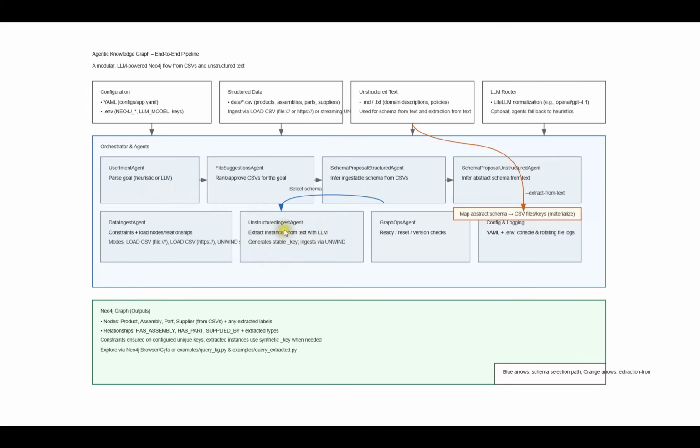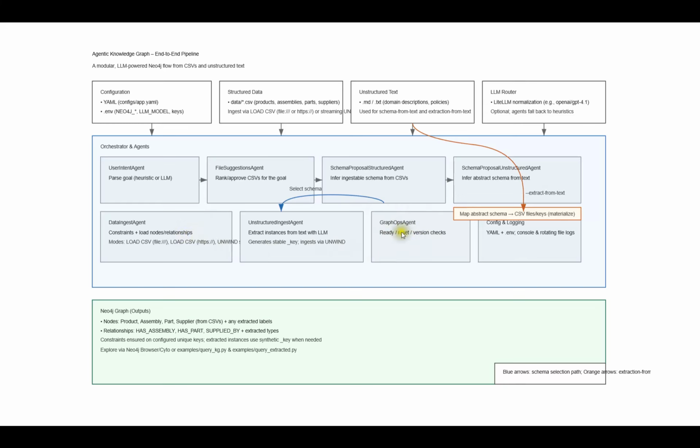The unstructured ingest agent is essentially extracting the schema and the data from unstructured data. And the data ingest agent is purely deterministic. It's simply loading the data according to the schema inferred by one of the previous agents, either deterministic or not deterministic, and this is going to load the data into Neo4j.